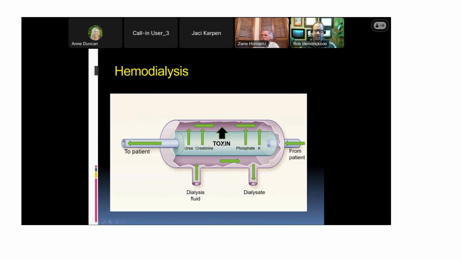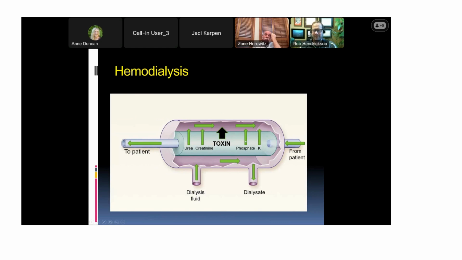So no obstruction to the blood flow, but the flow does slow down when it enters here, and you have this dialysis fluid. This little tube is a semi-permeable membrane, and the dialysis fluid is going in and getting sucked out the other side as dialysate, and the blood is going in this side to this side.